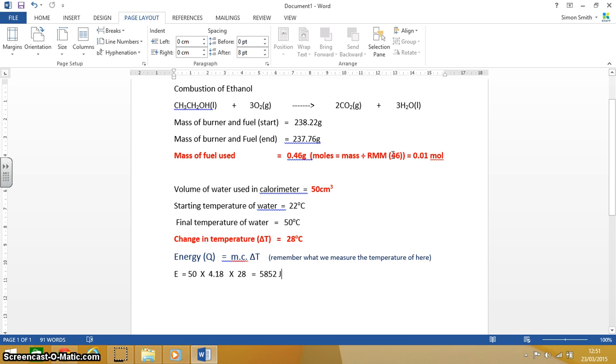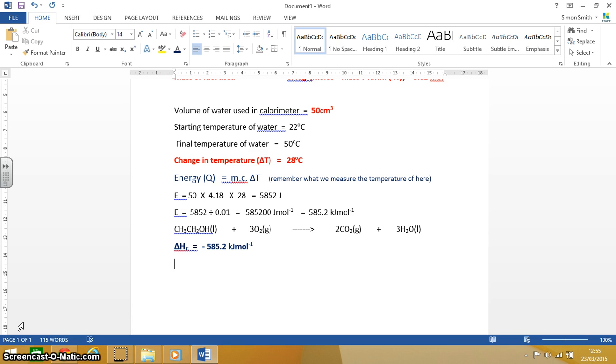So if we divide 0.46 by 46, we arrive at the number of moles used in this experiment as 0.01 mole. So putting that into words, 0.01 mole produces 5852 joules. So to get the joules per mole, we need to divide this number by the number of moles we've used.